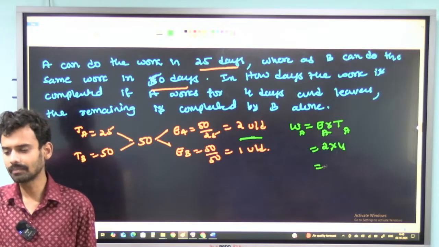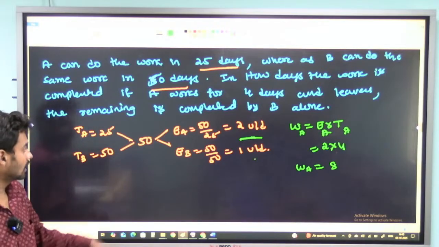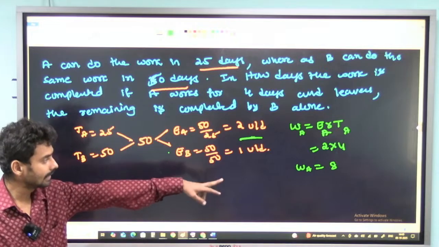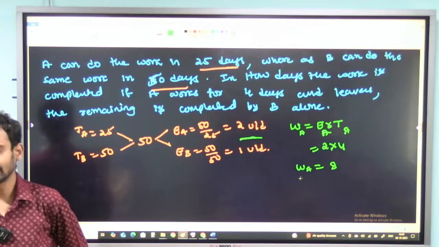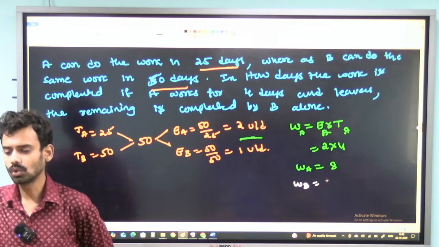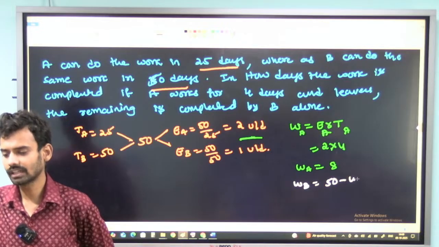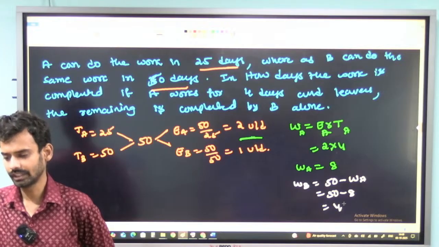So the total work completed by him is 8 units. So work done by A in 4 days is 8 units. And the total work was 50, out of which 8 units was completed by A. So the remaining work should be completed by B. So I can write this as work done by B is equal to total work, that is 50, minus work done by A. So I will get it as 50 minus 8, which is 42.